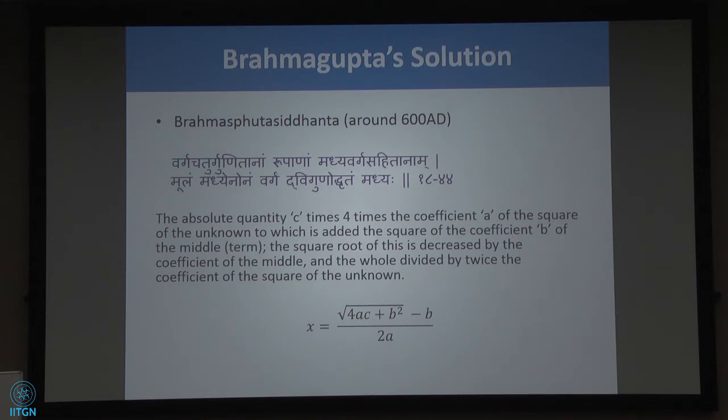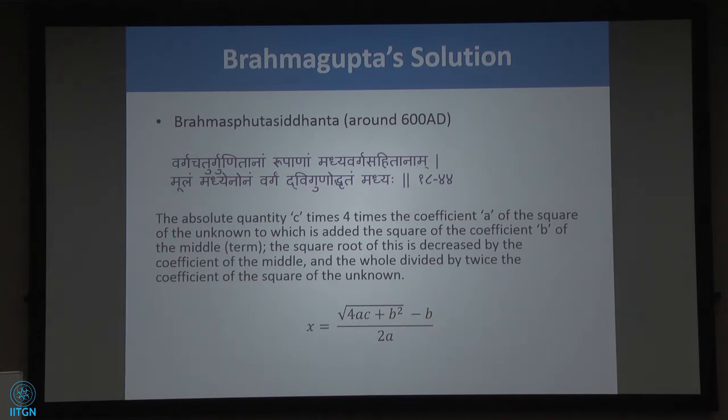And it's varga chaturgunitanam rupanam madhya varga sahitanam moolam madhyenonam vargam dvigunodhritam madhyaha. So take the varga chaturgunitanam rupanam. So take 4 times the coefficient of the varga, which is a, and multiply it with the rupa, c. You get 4ac. And then madhya varga sahitanam.